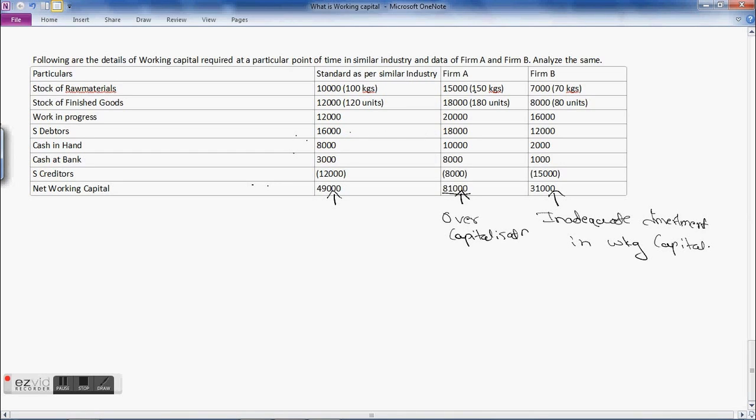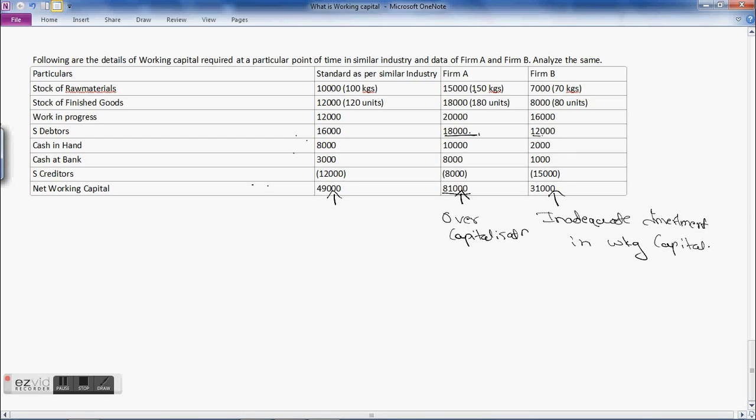Then sundry debtors. Credit allowed in the similar industry for debtors is 16,000. But firm A is allowing more credit. That is why the sundry debtors amount is 18,000 in case of firm A. Okay, so again, it's not good, right?